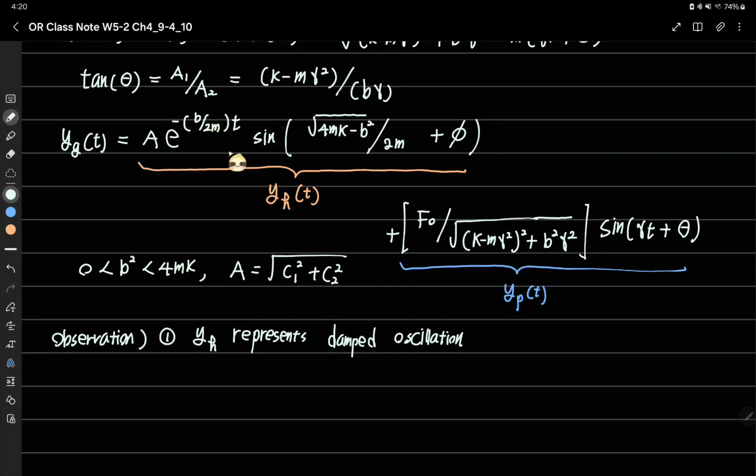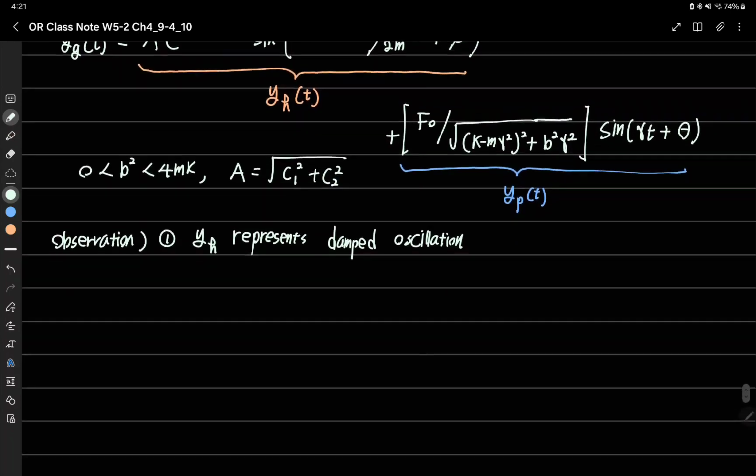Look at this yh: b, m, k are the parameters, so the damping constant, spring constant, and mass. So yh only depends on the parameters of the system and the initial conditions: A is the square root of C1 squared plus C2 squared, and C1 and C2 are determined by the initial conditions. So yh represents the underdamped oscillation, and that depends only on the parameters of the system and initial conditions.